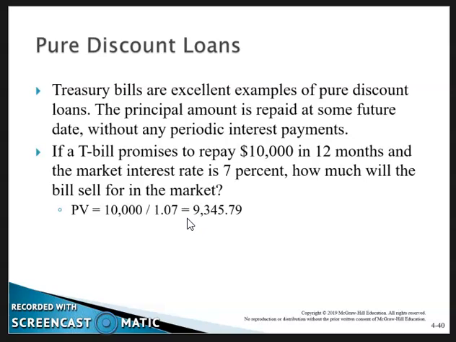The difference is that T-bill prices are calculated on an actual 360-day basis, so it changes the calculation significantly. You could do this calculation in your calculator: N would be 1, the $10,000 is the future value, 7 for I/Y, 0 payment, and compute PV.